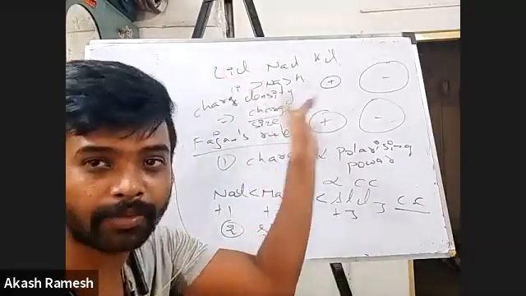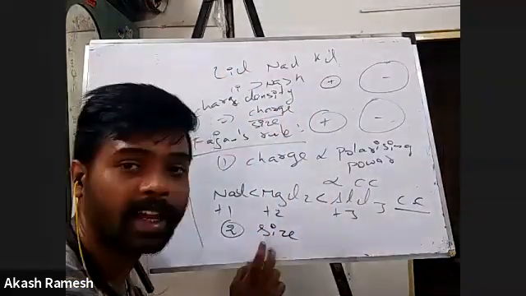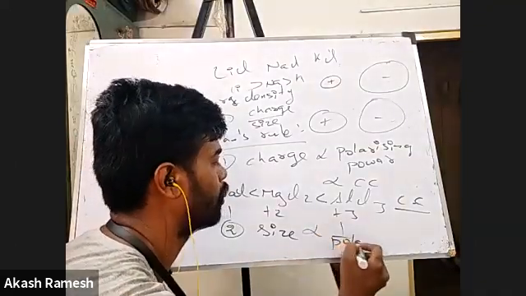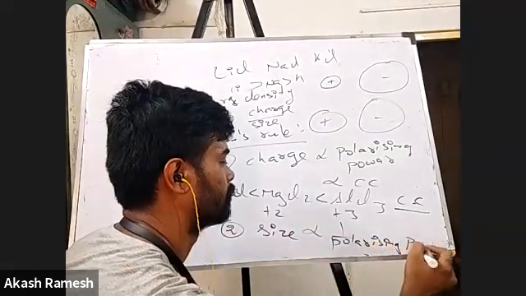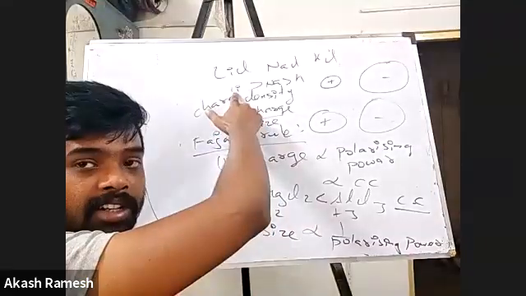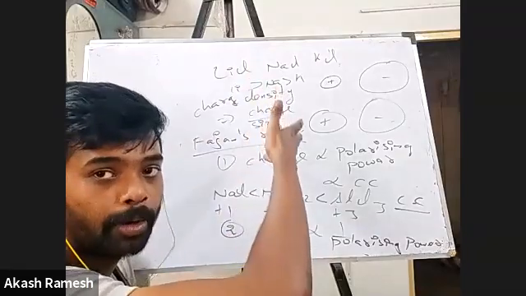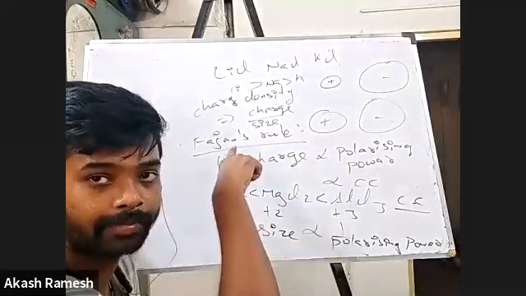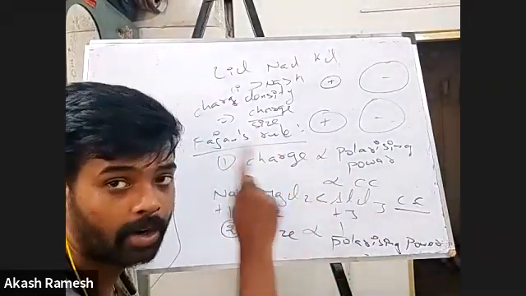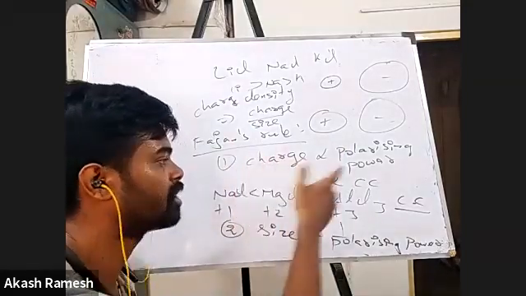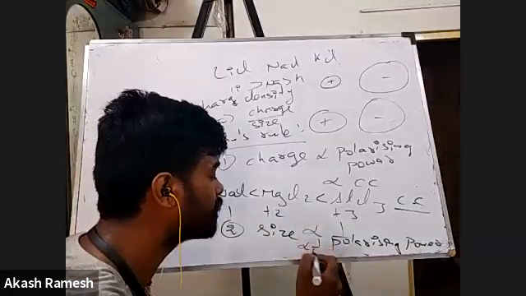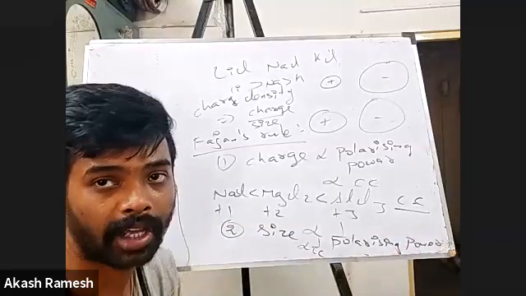Anyways, we'll not confuse ourselves with all this. Just understand this: size is inversely proportional to the polarizing power. Li is having the maximum charge density, so maximum polarizing power, and the size is the least for it. Whenever I have cations, for cations, charge and covalent character are directly related, and size and covalent character are inversely related, because polarizing power and covalent character are directly related.